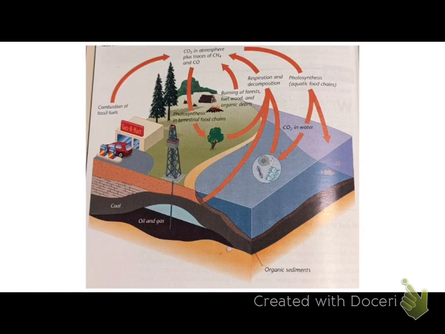So that's a much more long-term process than just becoming glucose in a plant and then getting broken down and exhaled as carbon dioxide. It takes a much longer period of time. So there are some short-term processes in the carbon cycle and some long-term processes in the carbon cycle.